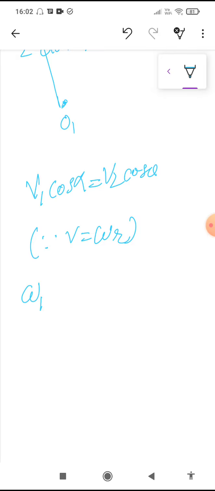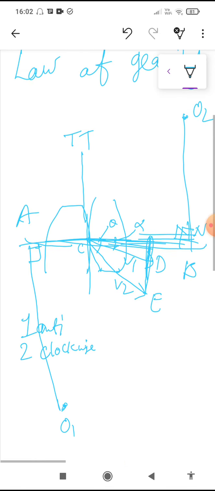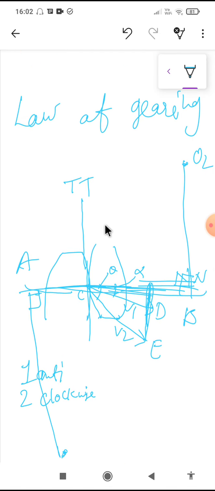So what is the r here? r here is O1C, and for the second vector, that is r2, it is O2C. So this is O1C, this is r, and this is O2C, this is the r.